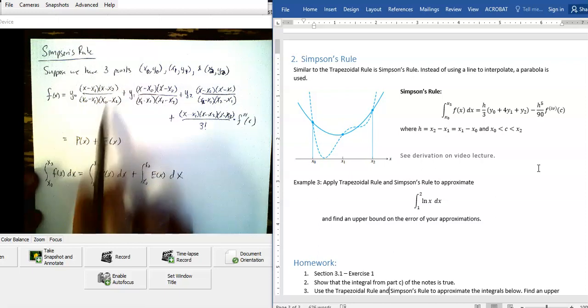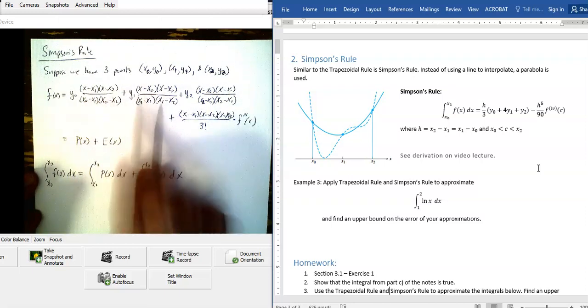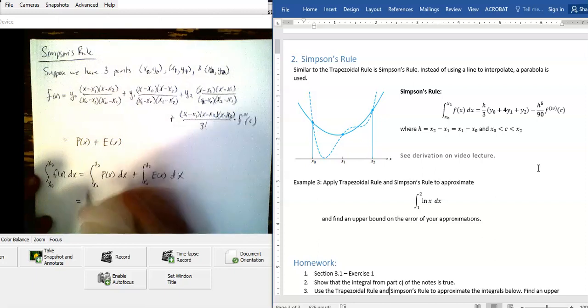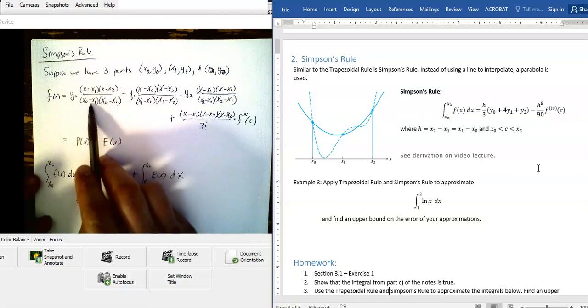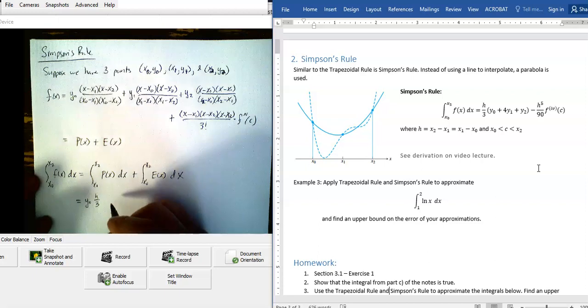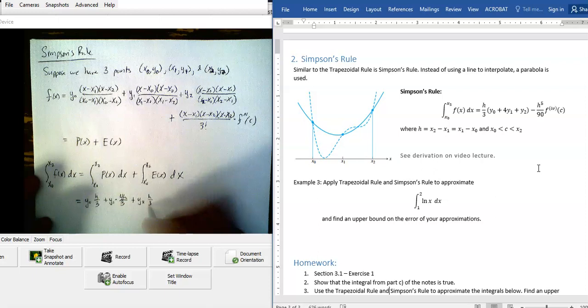So what we need to do is integrate each of these terms, and we can do so in a previous fashion. The integral of this first term is equivalent to y naught h over 3, plus y1 times 4/3 h, plus y2 times h over 3.